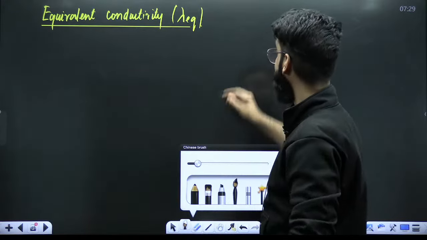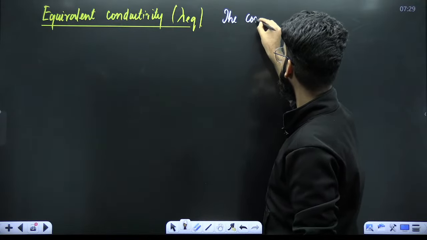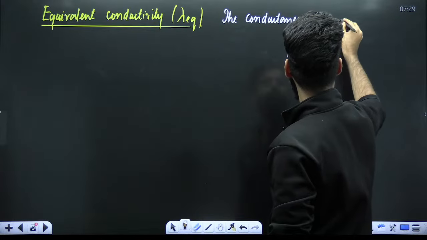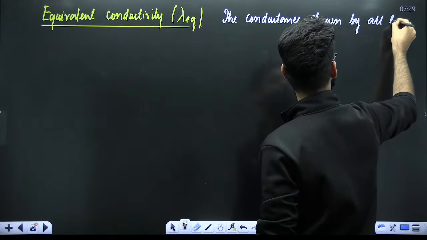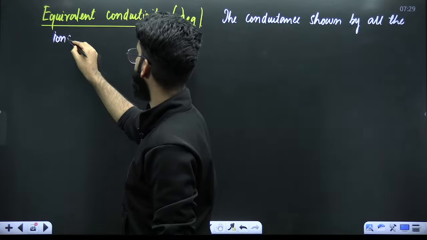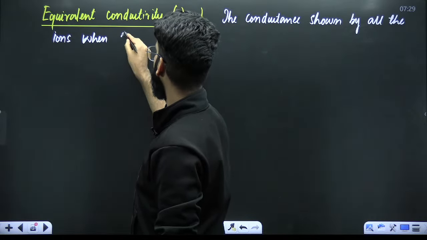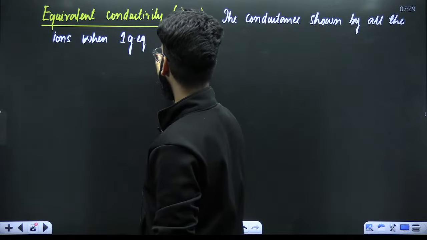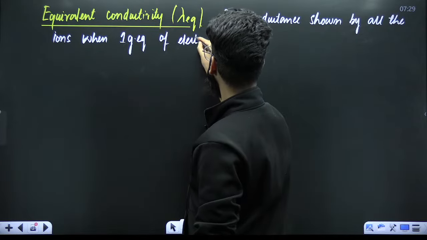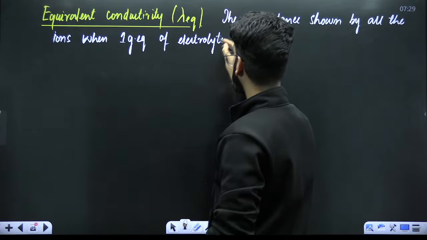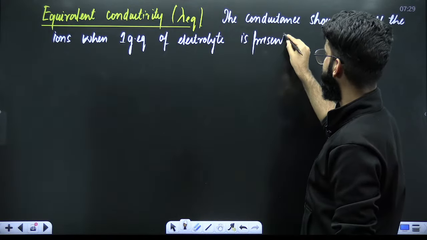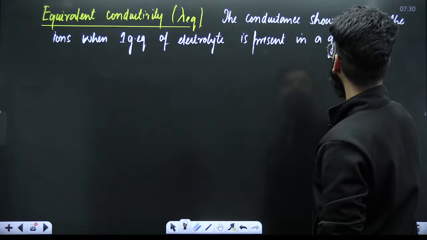Equivalent conductivity is defined as the conductance shown by all the ions when 1 gram equivalent of electrolyte is present in a given volume of solution.